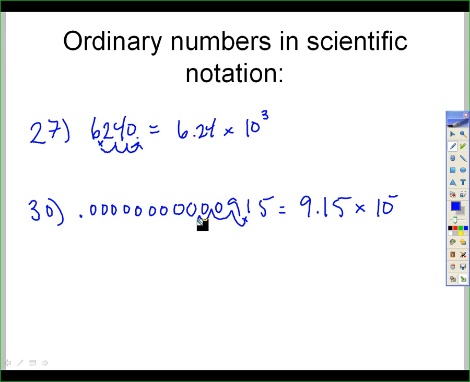1, 2, 3, 4, 5, 6, 7, 8, 9, 10, 11, 12. Did I count wrong? Or did I miss a 0? I had some trouble right here.